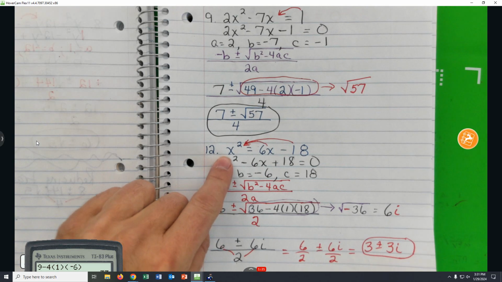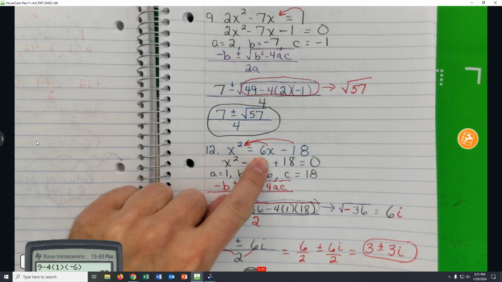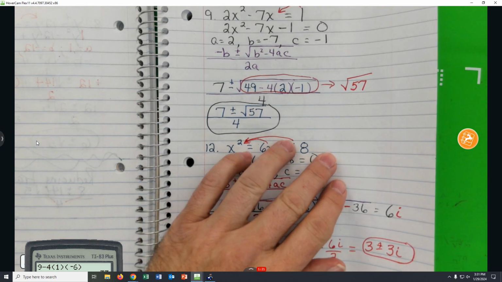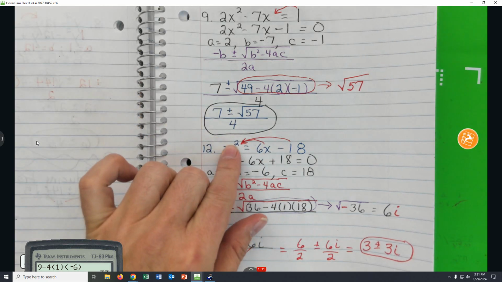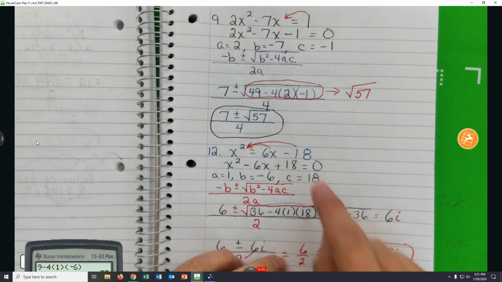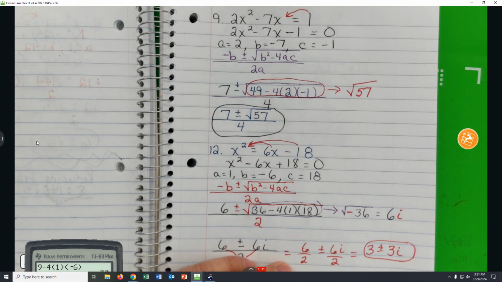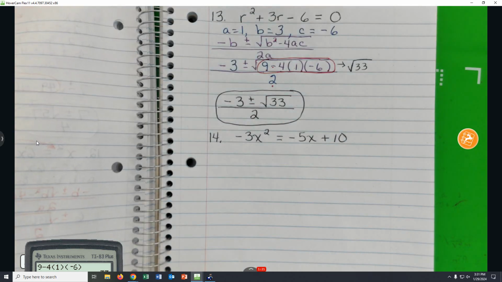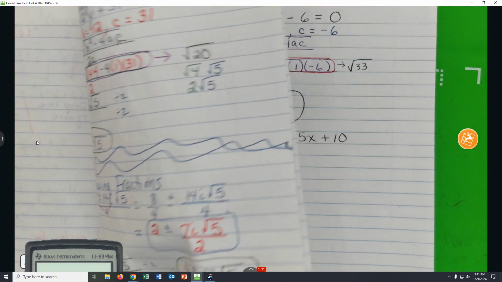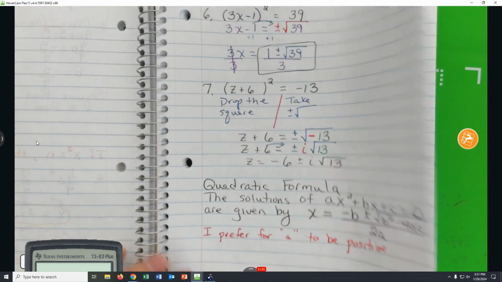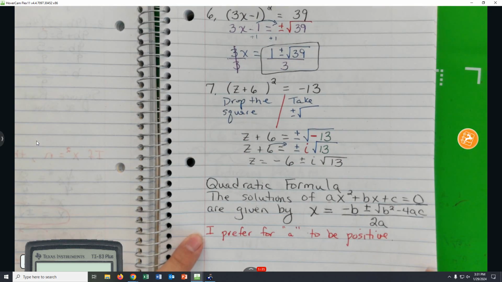Number 12 says x squared equals, and we moved everything over here to the left and put the 0 on the right. It really doesn't matter which side the 0 is on. What matters is a little statement that I wrote in red right here.